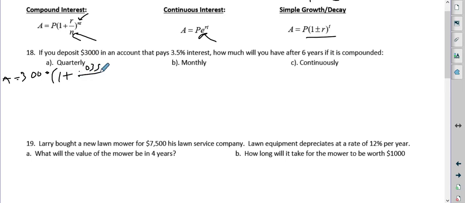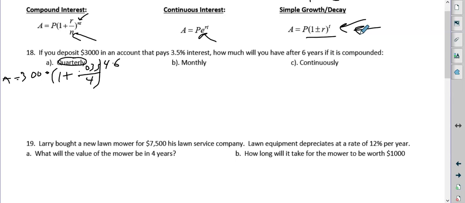If this was just simple interest, like right here, it would just be 1 plus 0.035 to the power of 6. Okay? But with it being compounded, we need to add and account for quarterly, which is 4 times per year. And then that 4 also comes up here next to the 6. Okay? So the 4's right here, okay, that is extra when you're compounding compared to this formula right here. And you have to know the difference.